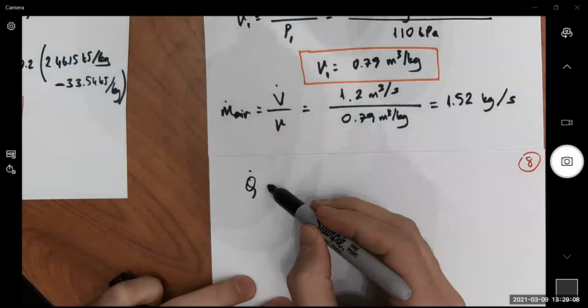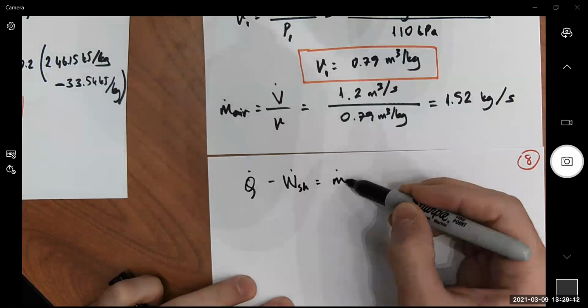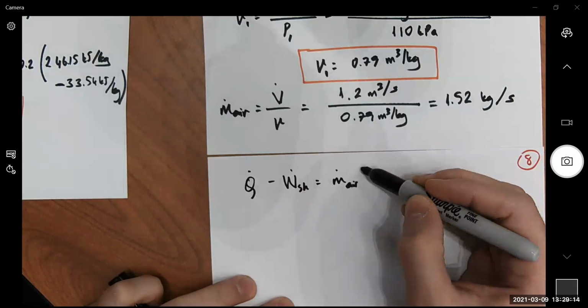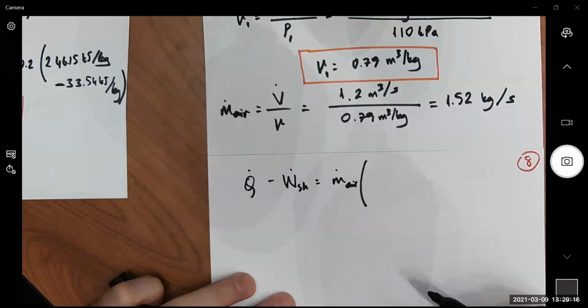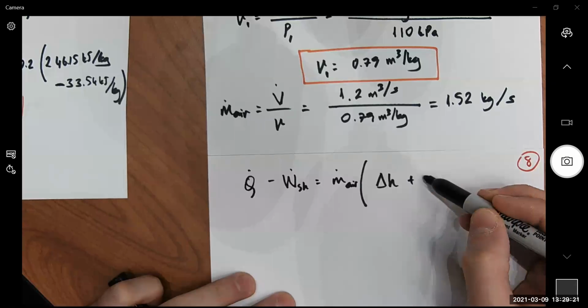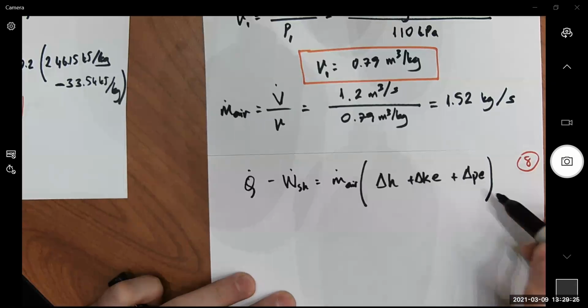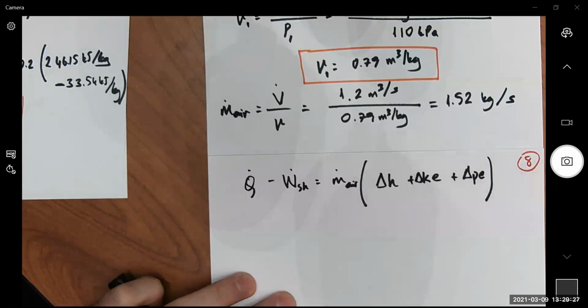Q minus work shaft equals mass flow rate of the hot fluid times the enthalpy difference plus the kinetic energy difference between exit and inlet of the hot stream.